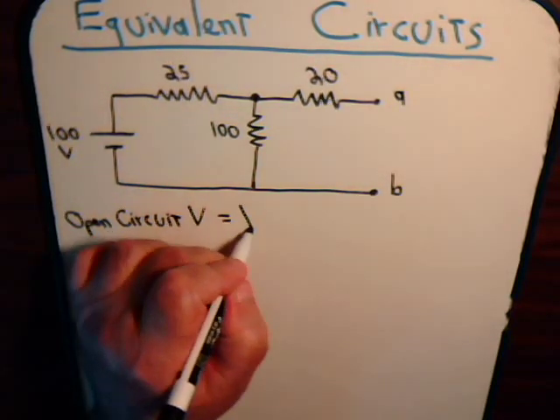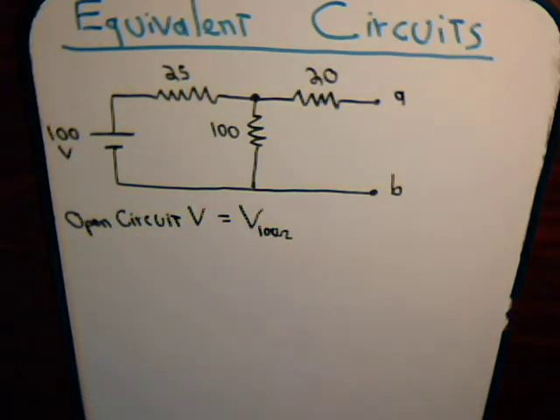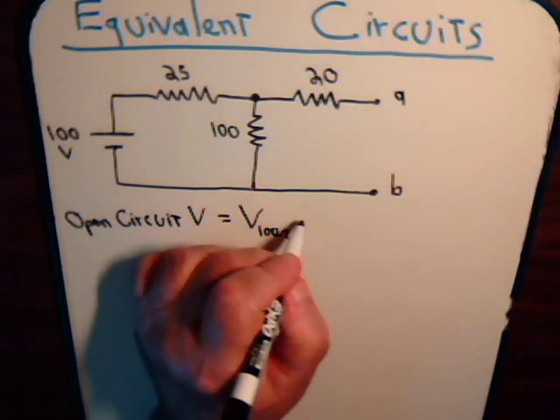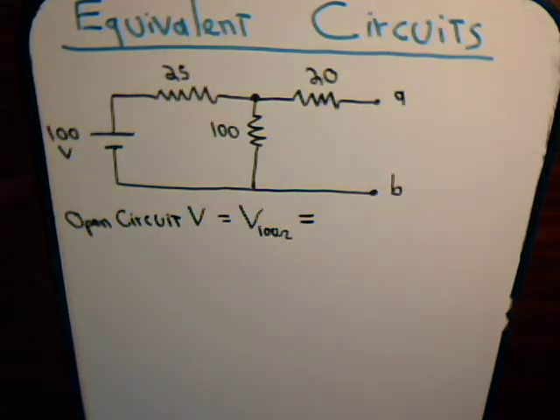is just the voltage across the 100 ohm resistor. I think it was in our very first video that we discussed the voltage division principle when you have resistors in series, and it's pretty simple.